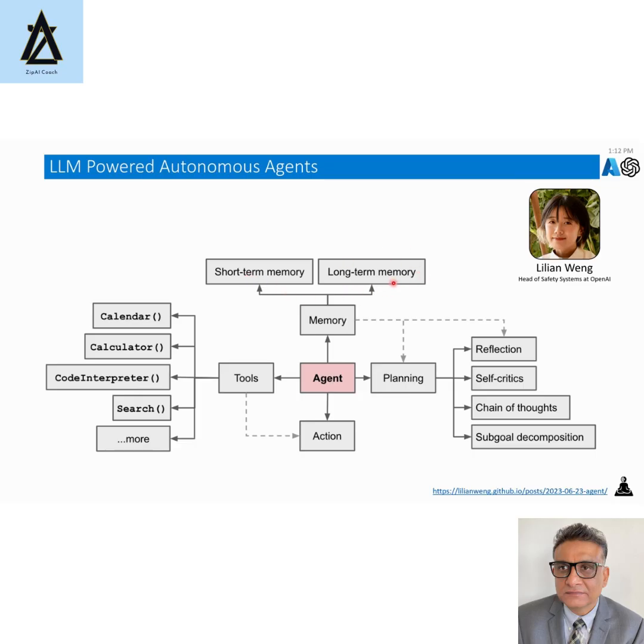And then you have long term memory in terms of the knowledge that it requires. Like if you remember, in Copilot Studio we have provided the website URL from where it can actually access the information to build its knowledge. Like I mentioned, it can do planning, which is reflection, self-critic, chain of thoughts, sub-goal decomposition. And the most important thing is it can take action. So that makes agent really very useful.